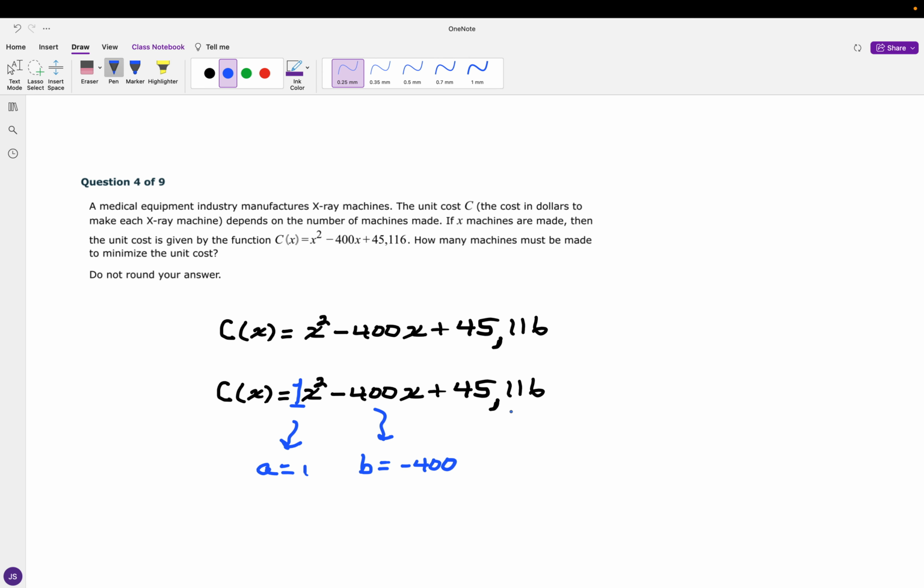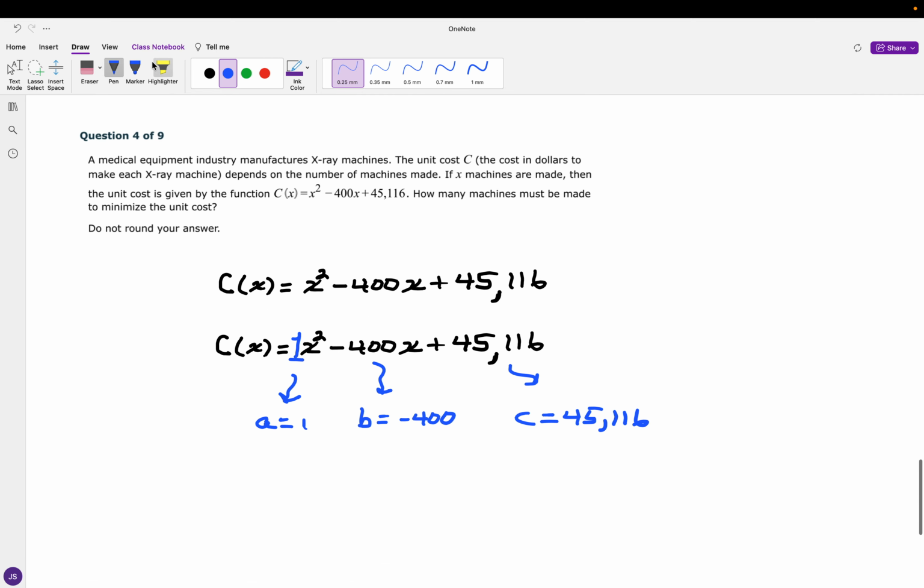45,116. Now, in looking for the minimum cost, first of all, the cost is contingent upon the number of machines made. So to lower the cost, we're also looking at minimizing the number of machines.